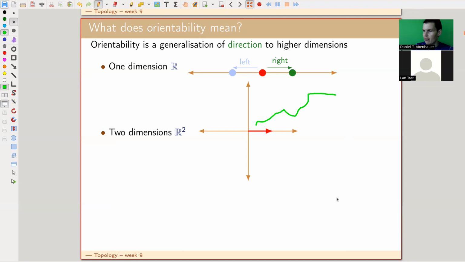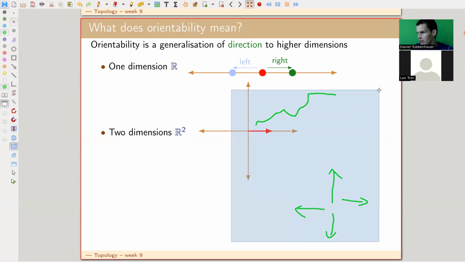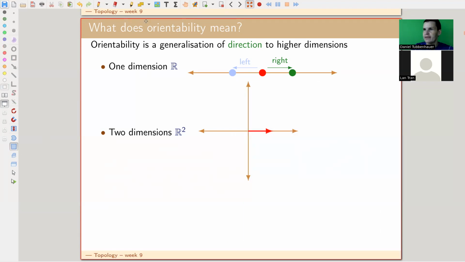If you would say now, okay, we can walk like this, this, this, or this, then we have just discovered the second dimension, because that's what makes the second dimension. And so no, that's not what we want to do. We want to do something slightly different. Okay. We want to have a notion of left and right in 2 dimensions, and then in 3 dimensions, 4 dimensions, whatever, we'll see.